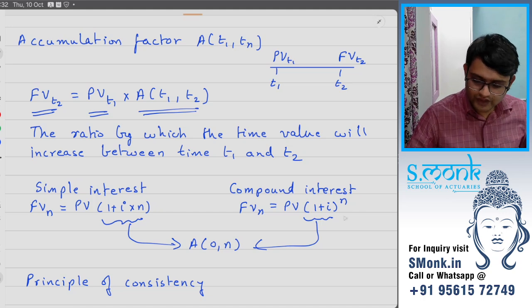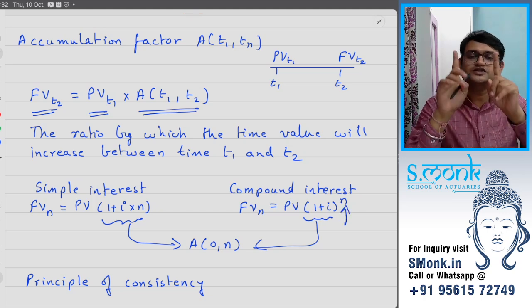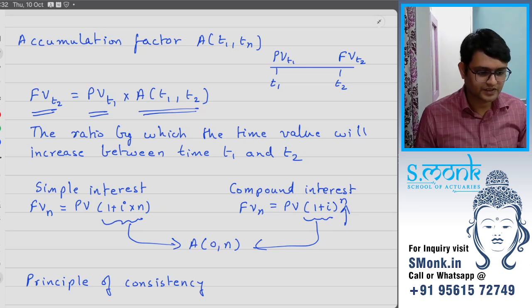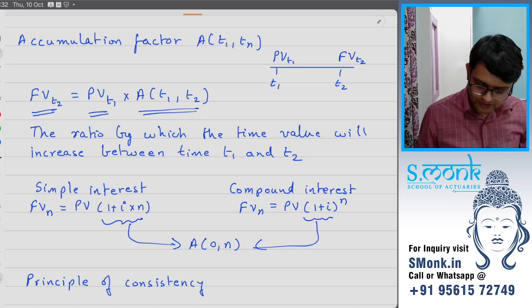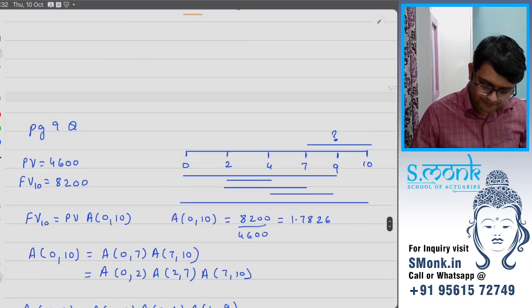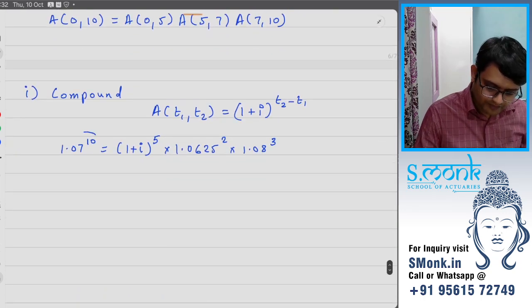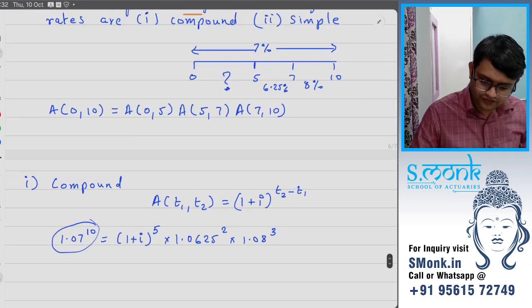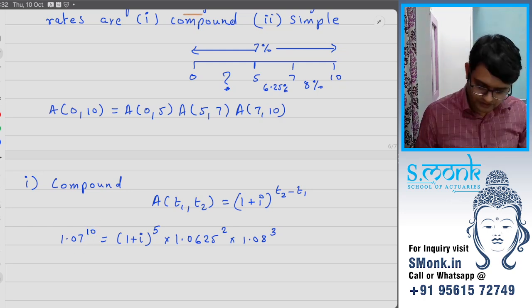Here we are just taking the difference in time, that is the number of years. So 1 plus I, the rate of interest given from 0 to 10 is 7%, raised to 10, because the difference in time from 0 to 10 is 10 years.